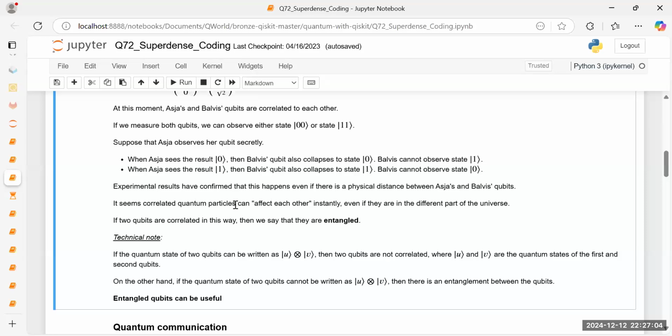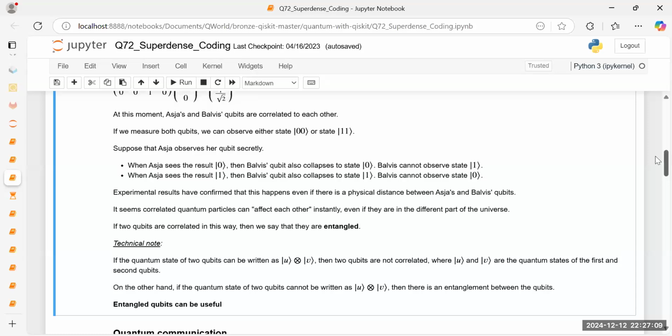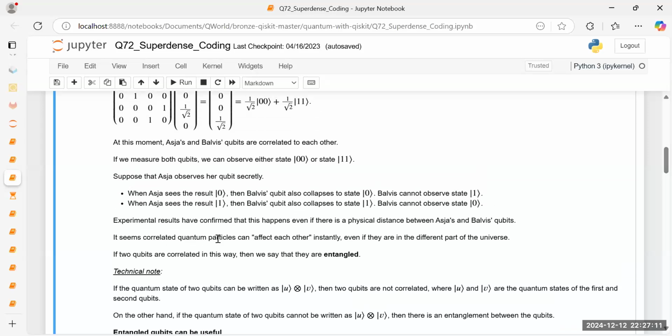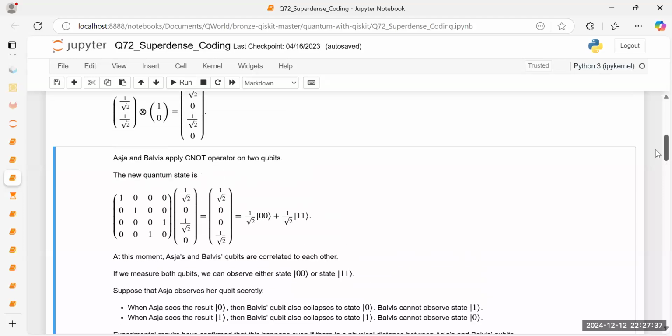So as you can see here, we have two quantum particles that are correlated. And the thing is that if we were to measure one and instantly measure the other one, we're going to have correlated results. So it's almost as if they affect each other, regardless of the distance between them. So these are entangled particles.